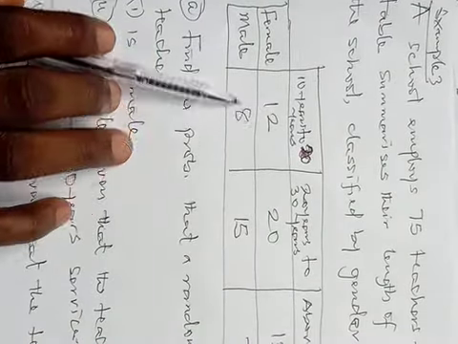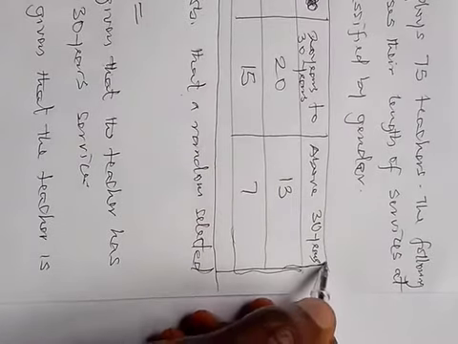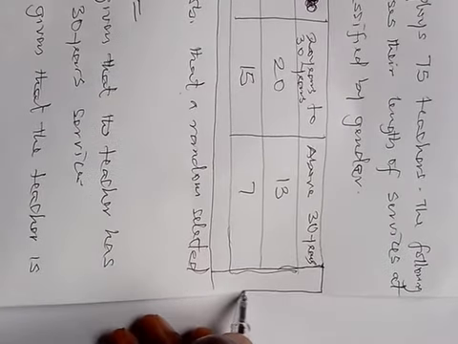If you are picking a person from this entire number of teachers, what is the probability that such a person will be female? All we need to do is to extend the row and the column by just one.